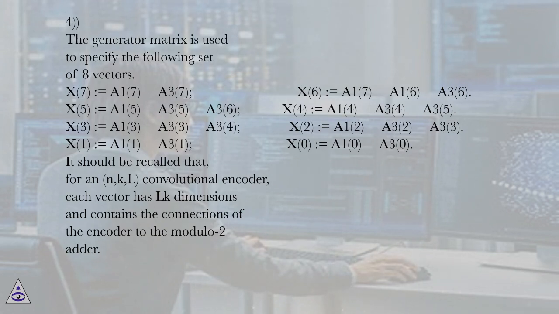It should be recalled that, for an N-K-L convolutional encoder, each vector has LK dimensions and contains the connections of the encoder to the modulo 2 adder.